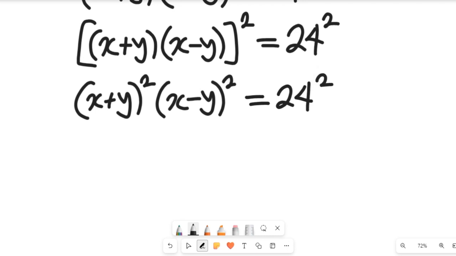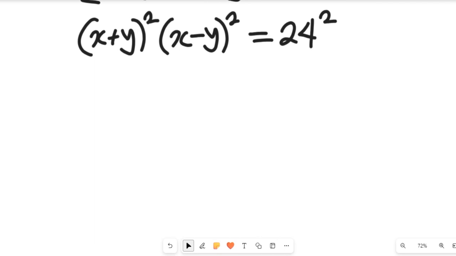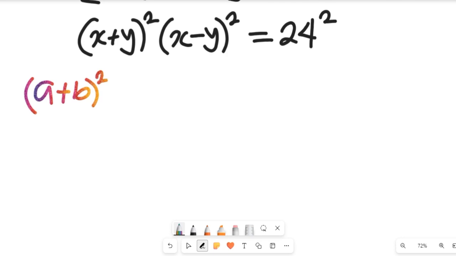I want us to consider an algebraic law. Remember, I said we'll be using a series of algebraic formulas in solving this equation. From that, if you have a plus b all squared, this is equal to a squared plus b squared plus 2ab.